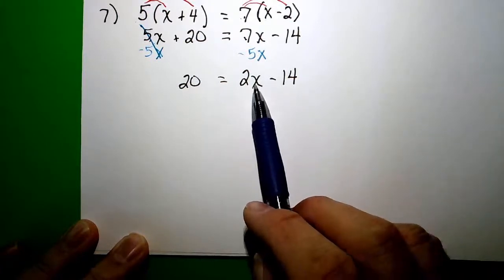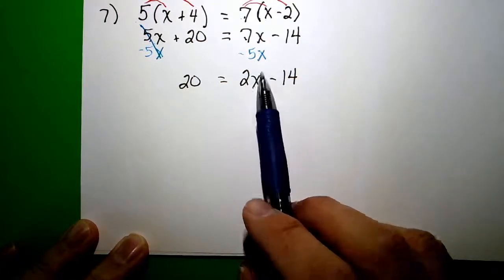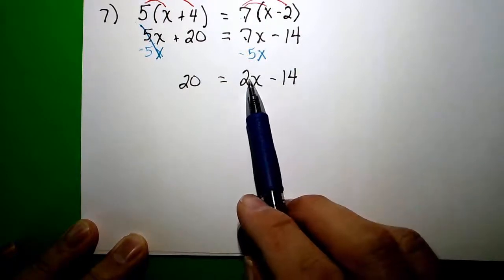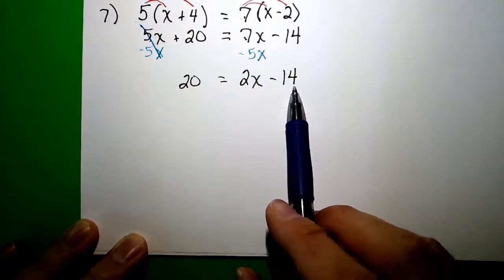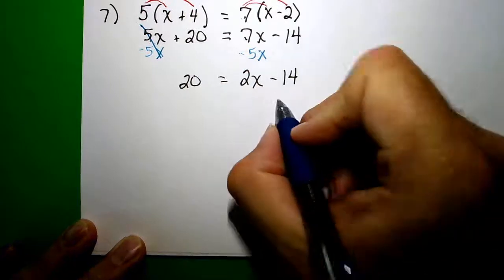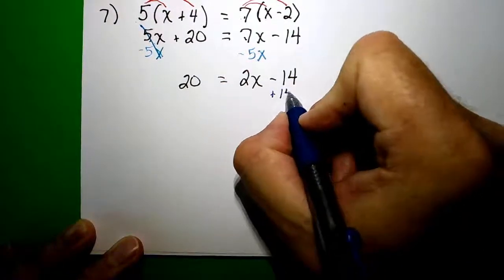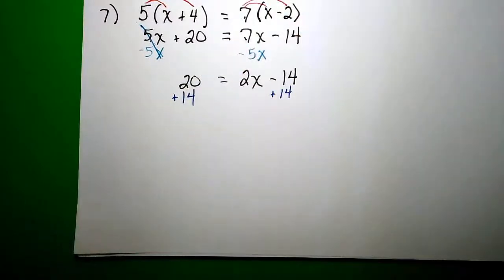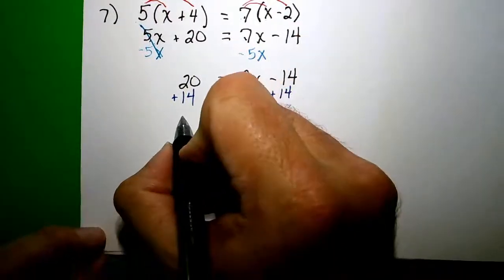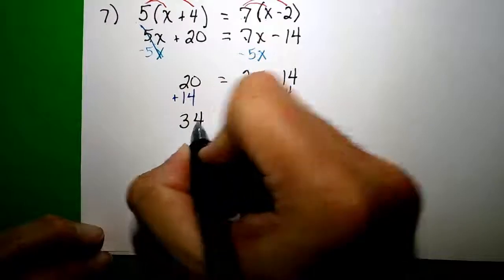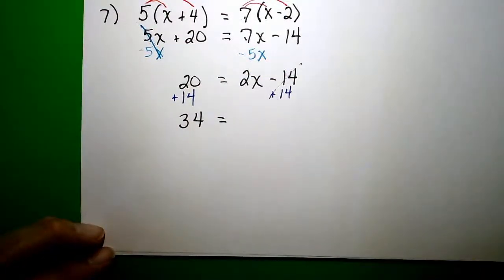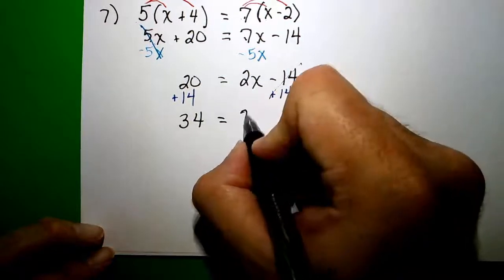Now that we have the x on the right, what do we do now to isolate it? Am I going to divide by 2 or add 14? Well, always do the addition and subtraction first. So on the left we have a 34, and on the right, what's that going to be, 2x?